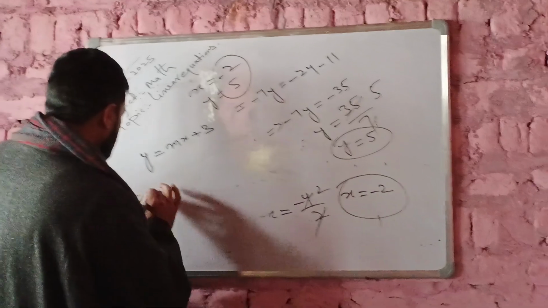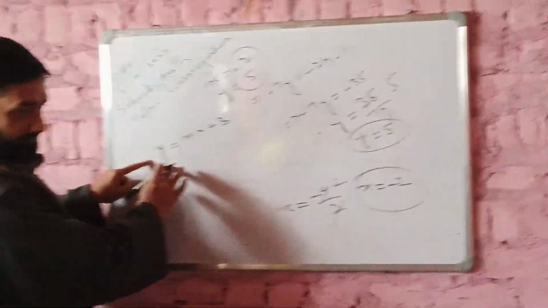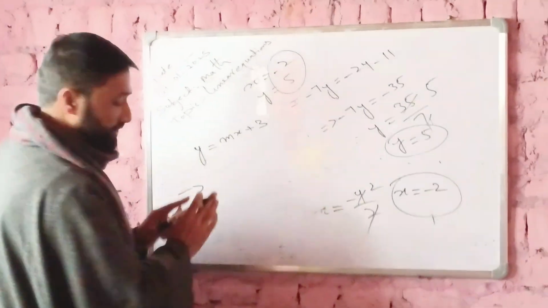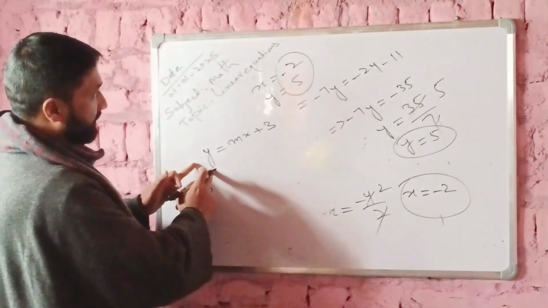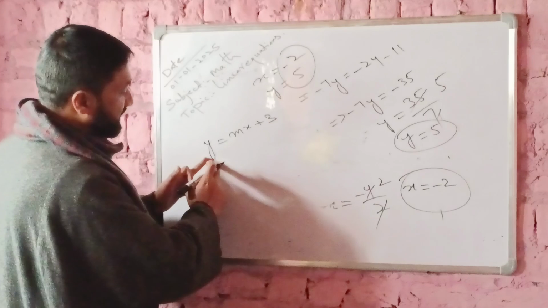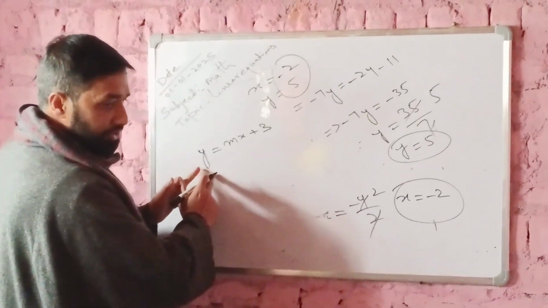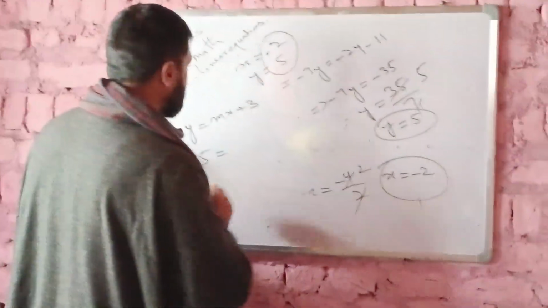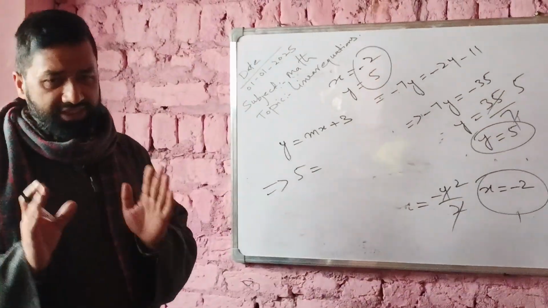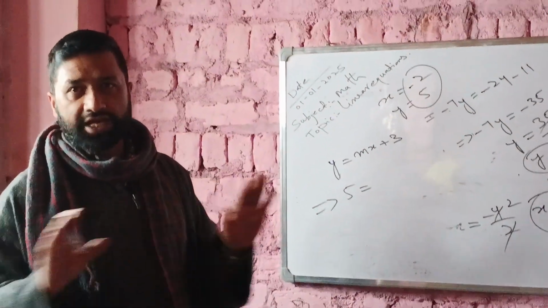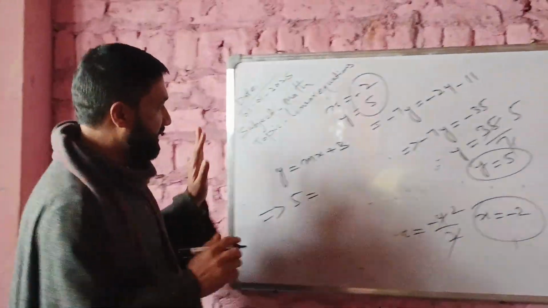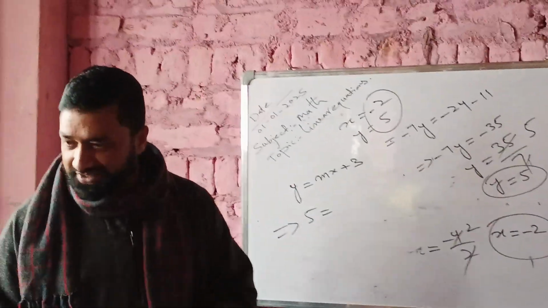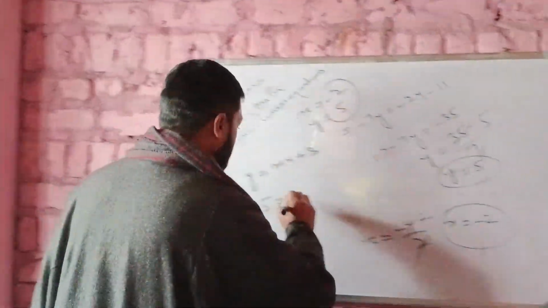Okay? Now substitute these values here. Instead of writing y, we need to write its value, and that is 5 is equal. And what is the value of m? We don't know. We don't have any knowledge about that. So just leave it as it is. m.